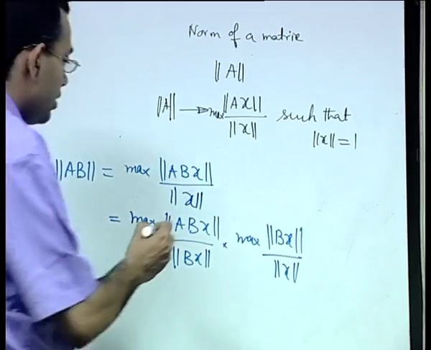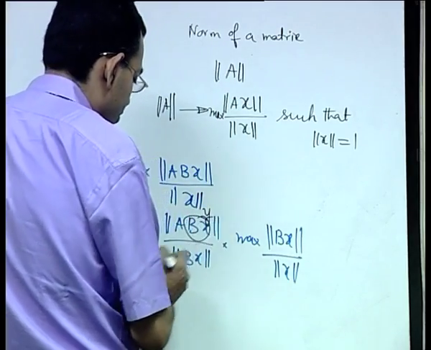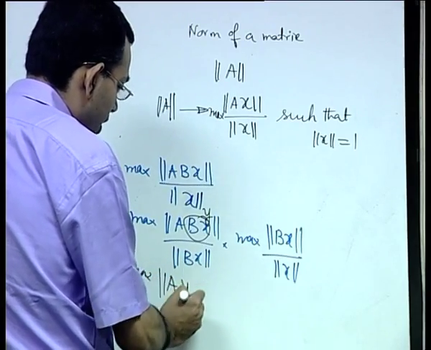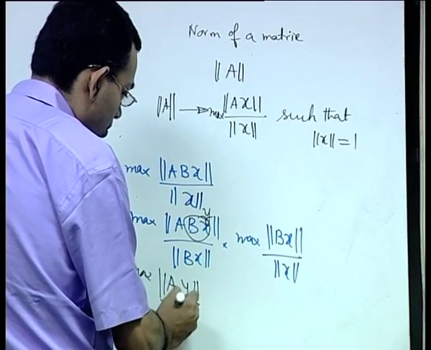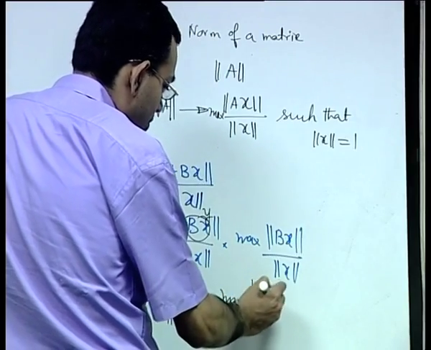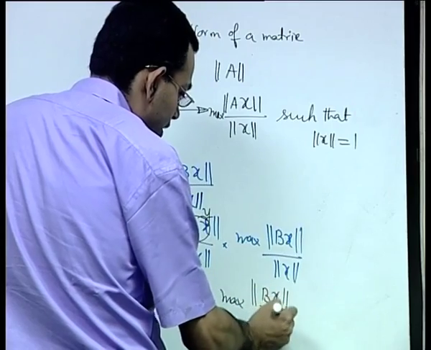You can consider Bx as a vector y. So, this is max of norm of Ay by norm of y into max of norm of Bx by norm of x.